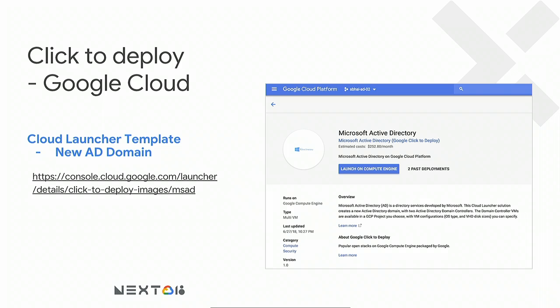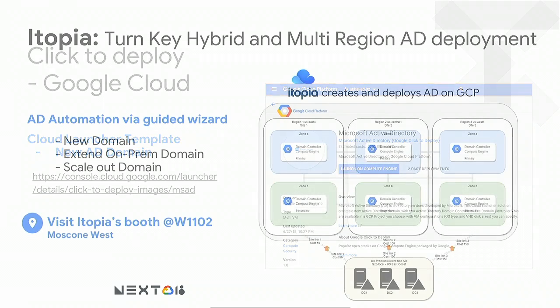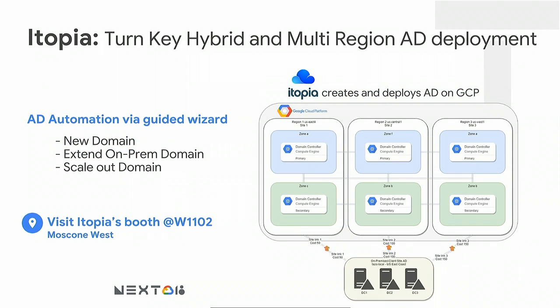A lot of what you've heard today is focused around two themes. One is having highly available multi-regional Active Directory on GCP, and two has been around specifically automating domain controller creation. And for that, I'm actually pretty excited to share with you what Itopia has done. Itopia is a partner who we've been working with for the last several months.